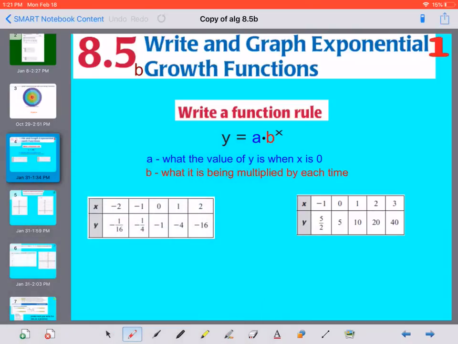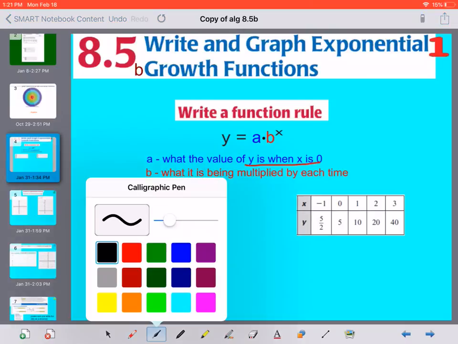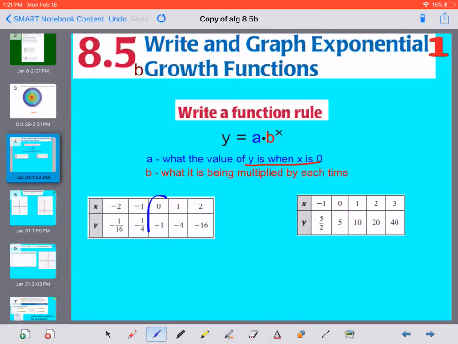So we need to look at where a is, what the value of y is when x equals 0. So x equals 0, that is right here. So when x equals 0, it looks like our a is -1 times b. What is being multiplied by each time?